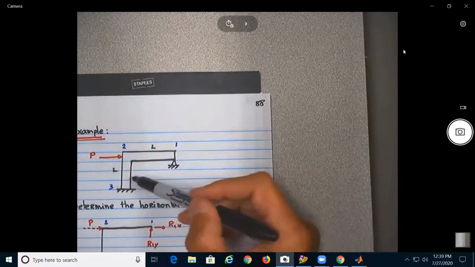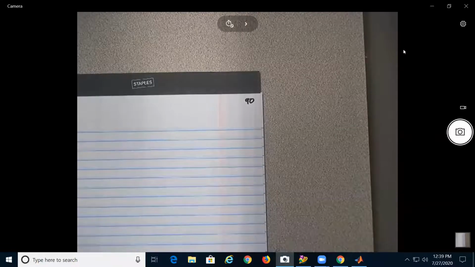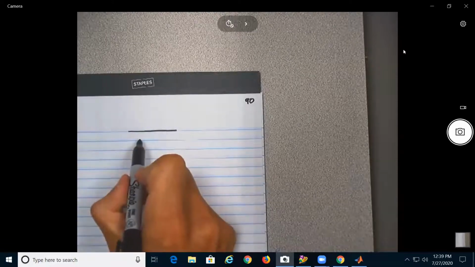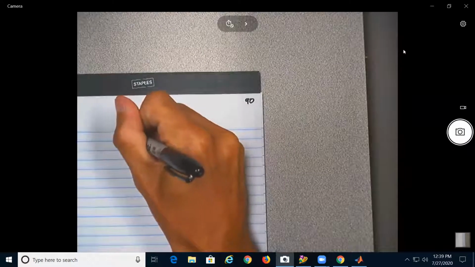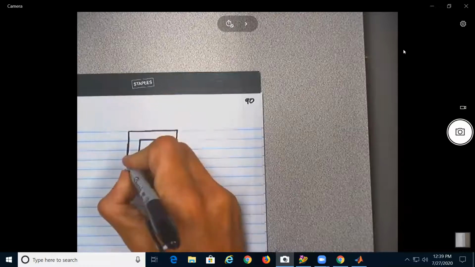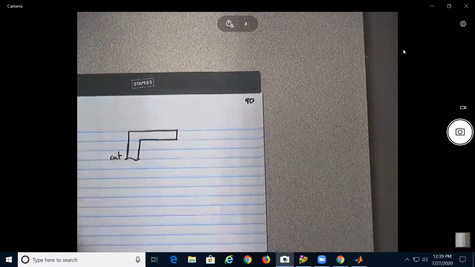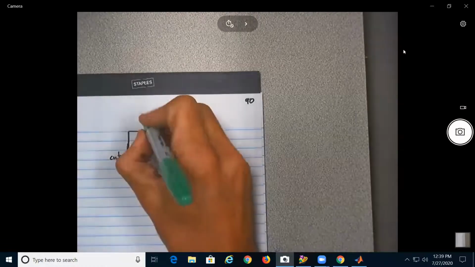Now you need to make a cut before 3, no? Okay? So if I plot it, it will look something like this. So I make the cut somewhere over here. Okay, so we know this is L.